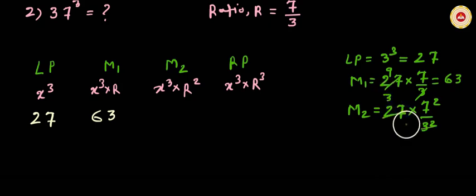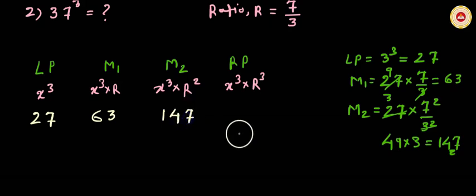So 7 squared is 49. 49 multiplied by 3: 3 nines are 27. Write 7, carry 2. 3 fours are 12. 12 plus 2 is 14. 147 is the value of middle part 2. So write 147. What is the right part?